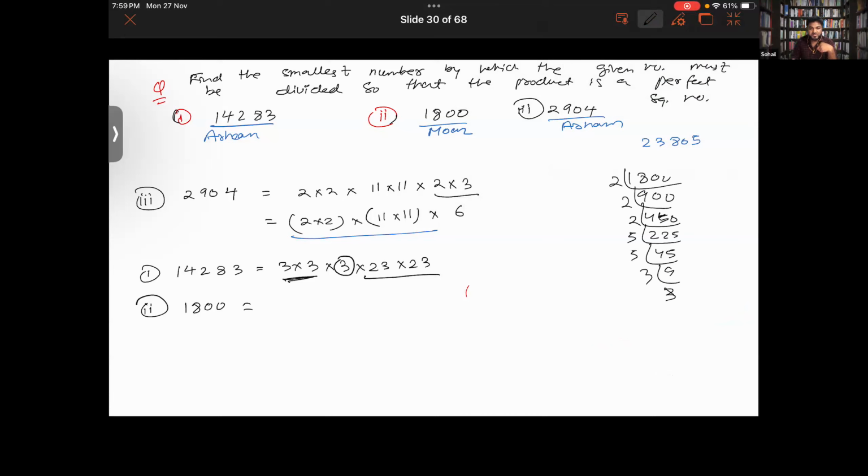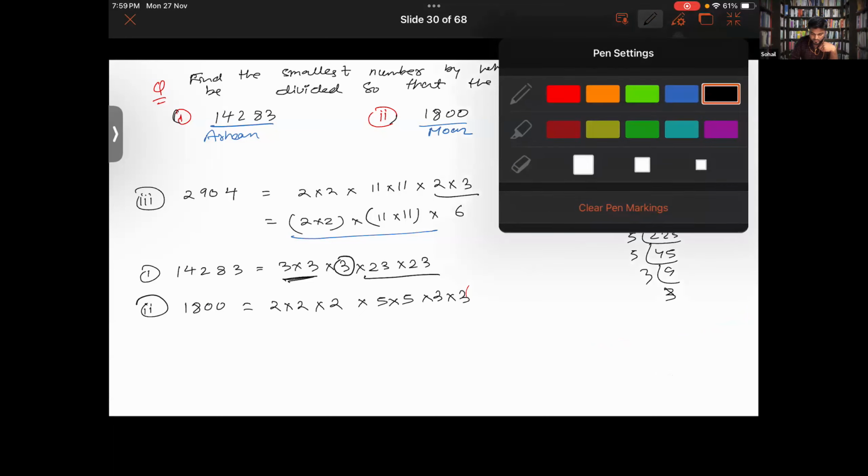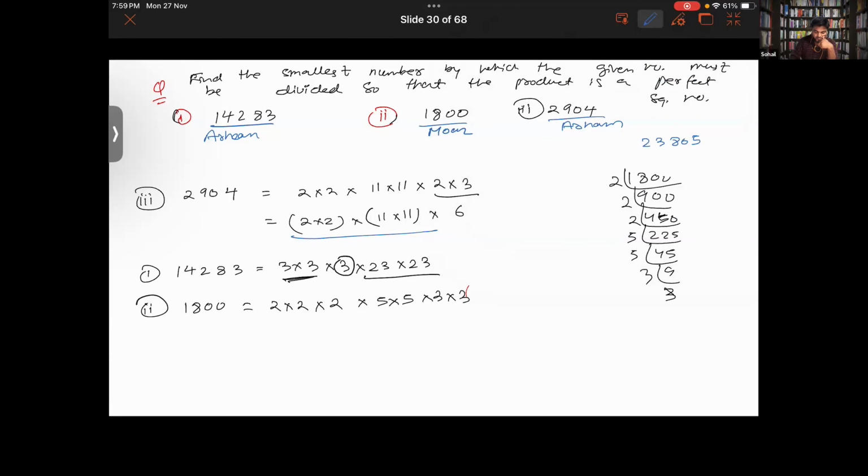Did you do prime factorization in this manner, Moaz? Yes, sir. Okay. I divided 1800 by 2. Then I got 900. I divided 900 by 3. No, why would you be dividing 900 by 3 now? See, which one is not in a pair here?